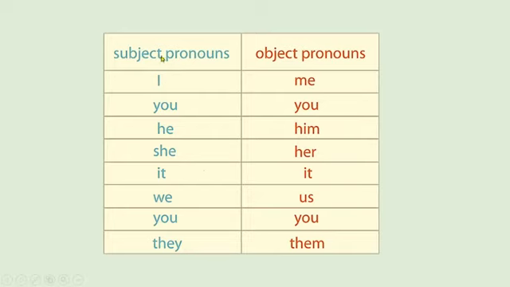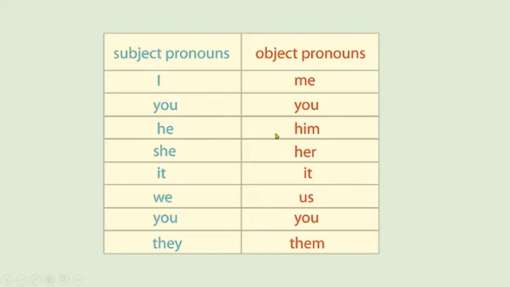Okay, they are the doers, and the object pronouns are people too, but they receive an action, which is different. For example, I and me mean the same, but I do the action and me receive an action. You do and you receive. He does the action and him receives the action.